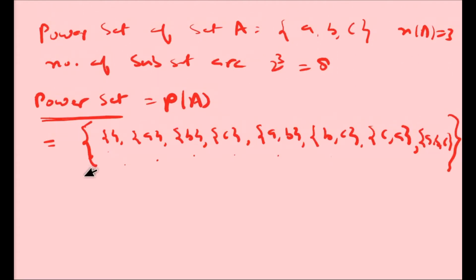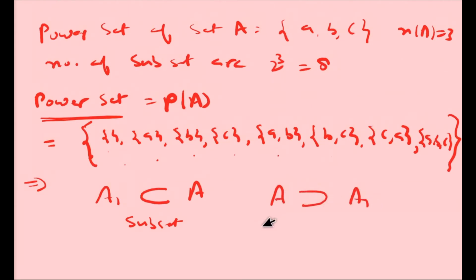Okay students, now we go to the next point. In the previous example, A1 is a subset of set A. If you write it the opposite way, then we can say A is a superset of set A1. A is a superset of set A1. Okay, this is the opposite.